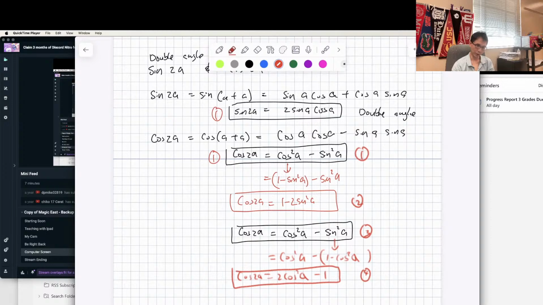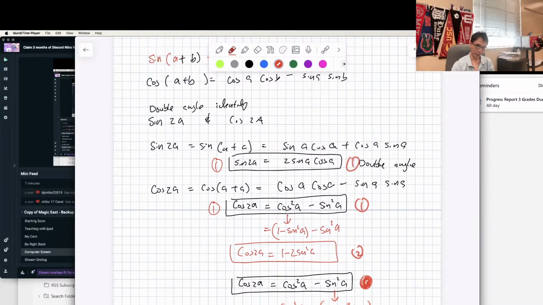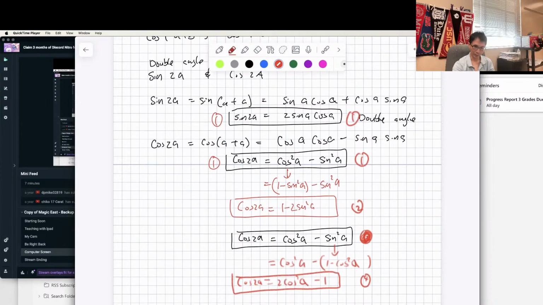That's the 4 equations that you learned today. It's basically coming from sum and difference and converted using the Pythagorean identity.